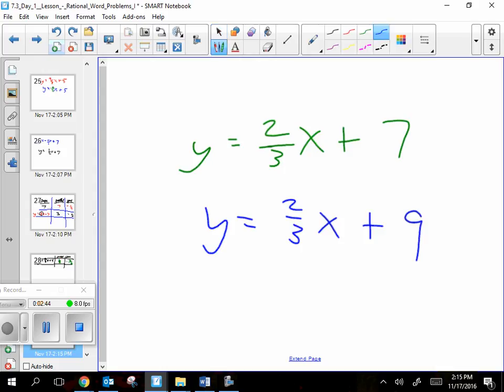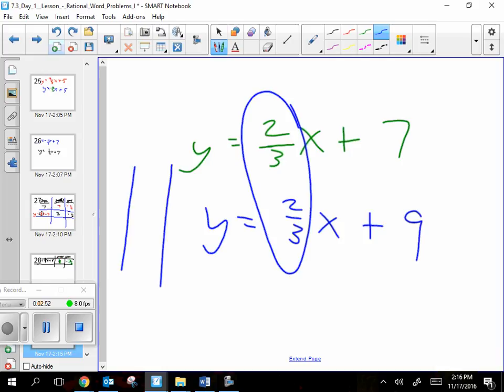Parallel lines are just like each other. They're side by side, just like train tracks. Perpendicular would have been if I put in a what? 3/2 is not right. Negative 3/2. There you go. It's got to be opposite and reciprocal.